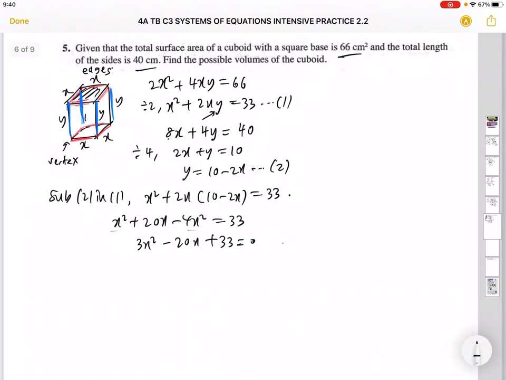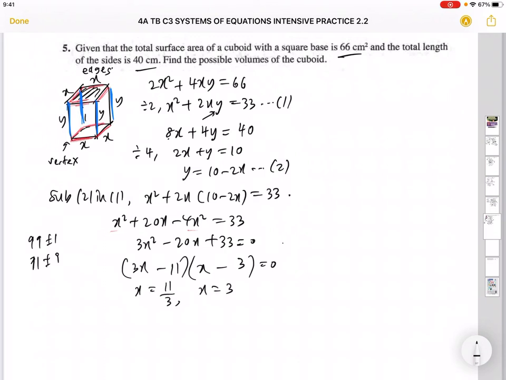3 times 33 is 99. The factor of 99, to get 20, I should get 11 and 9. Yeah, 11 plus 9 will give us 20. So to get 9, I should put 3 here, and this is 11. So both are minus. So x is either 11 over 3 or 3.